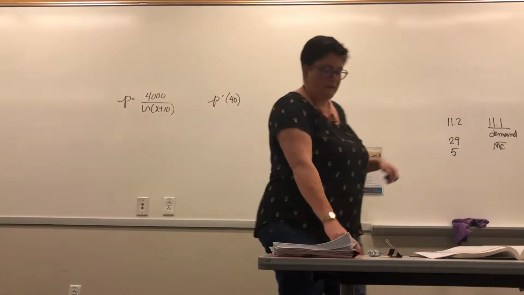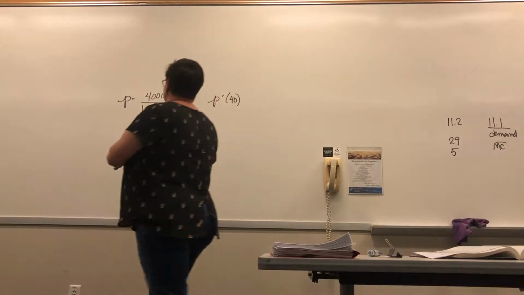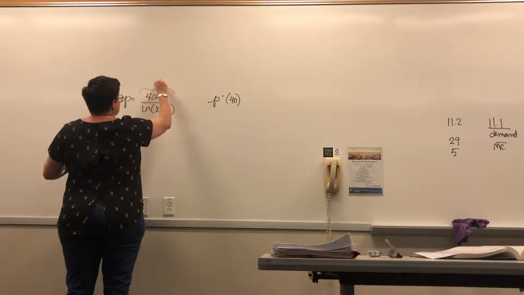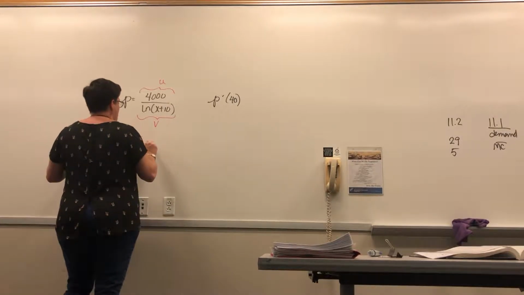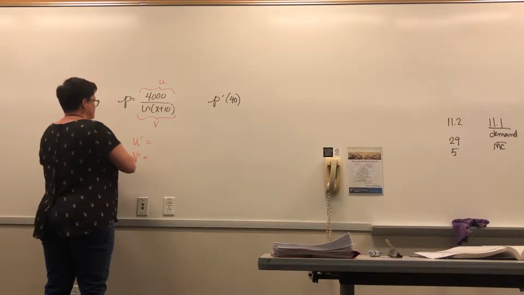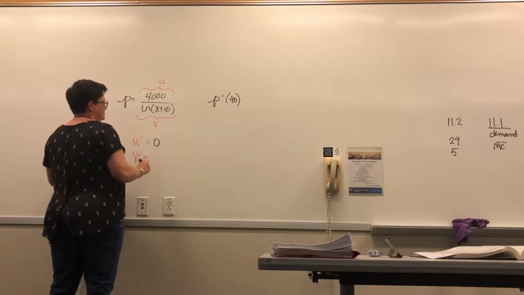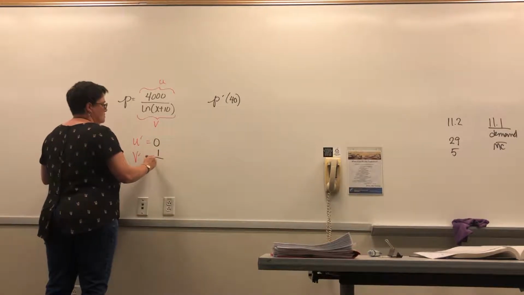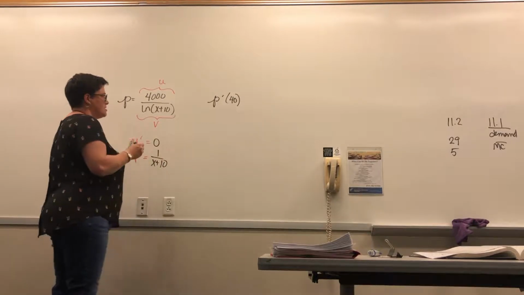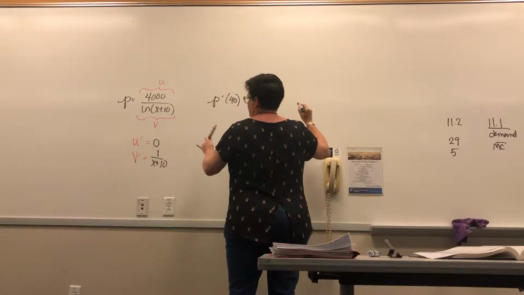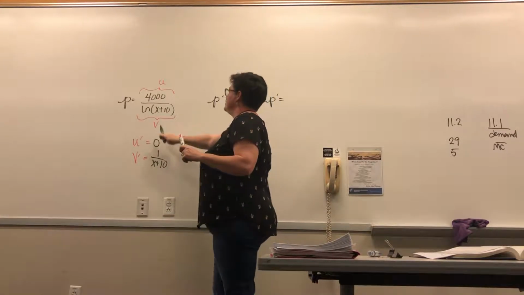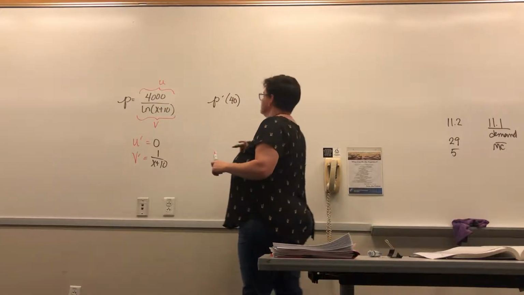Okay, so how do we do that? Anybody have any guesses? We're gonna call this a quotient. So here's my U. Here's my V. What's U prime? 0. And what's V prime? 1 over x plus 10. Now plug and chug, folks. So P prime is gonna be U prime V. What's 0 times anything? 0.